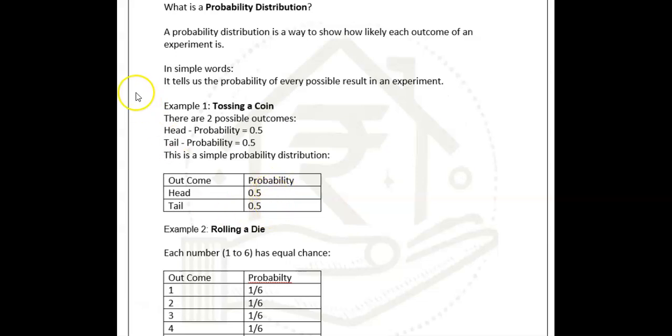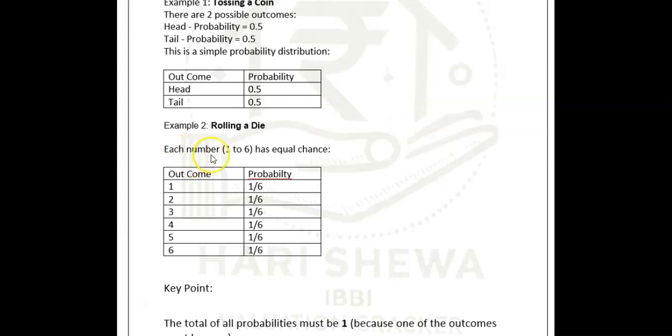The 0.5 plus 0.5 is equal to 1. The probability total will always be 1. Rolling a die, each number 1 to 6 has an equal chance.